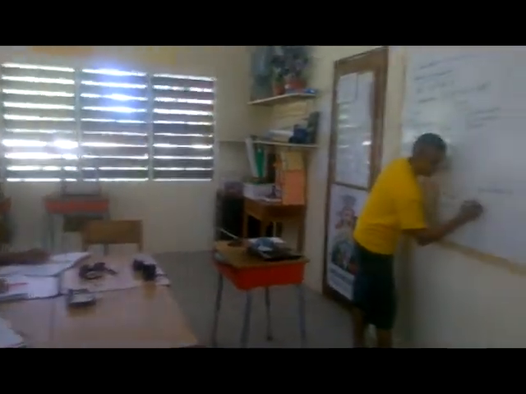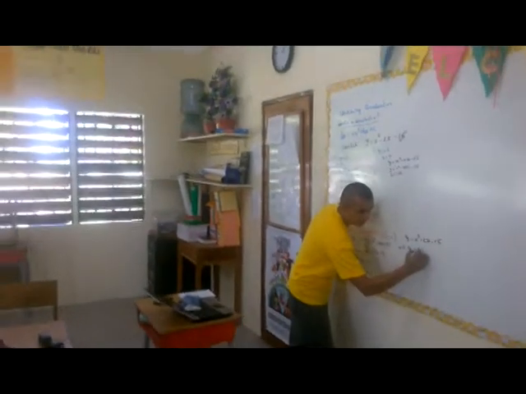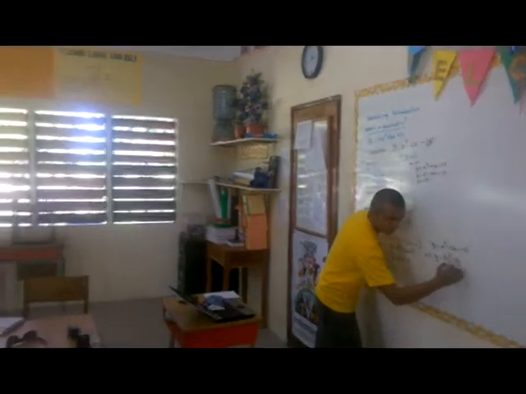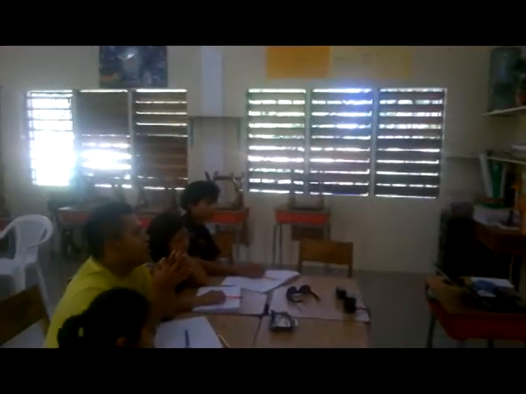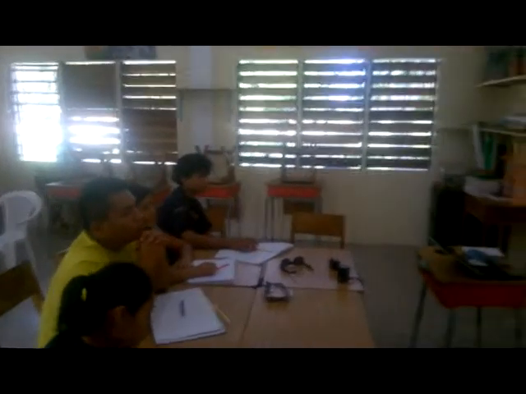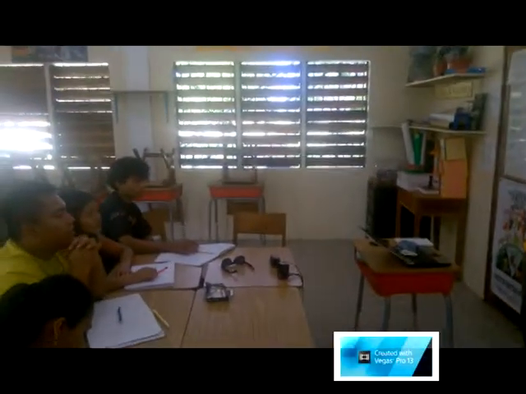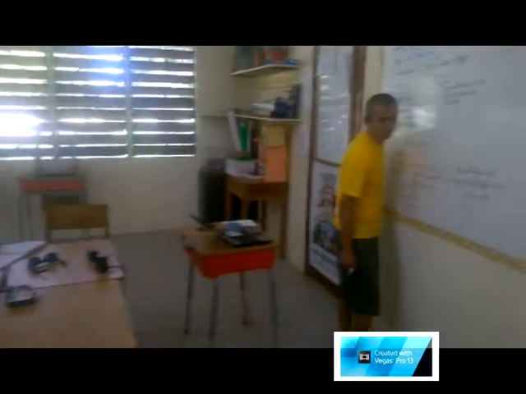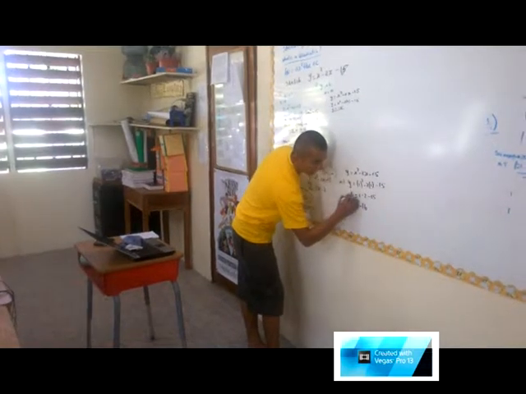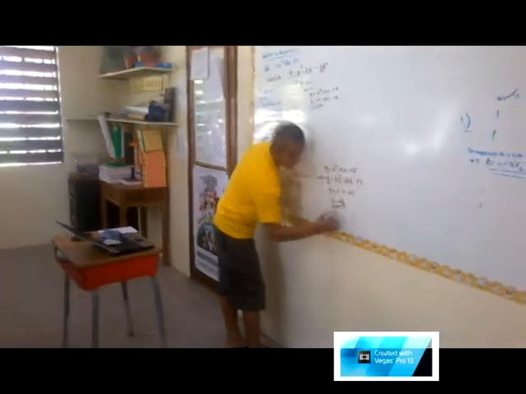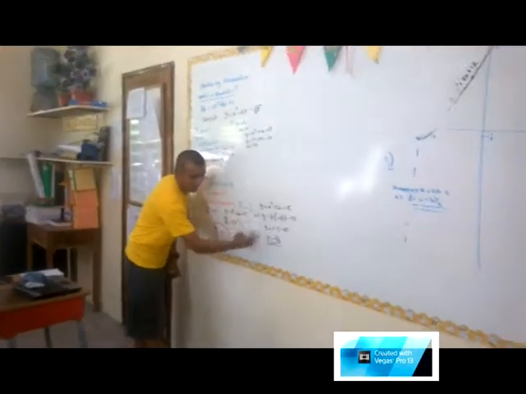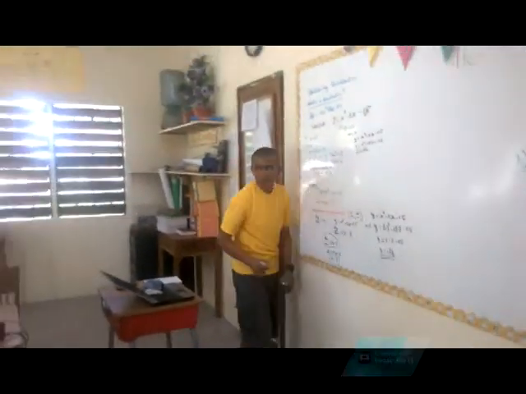Okay, x equals 1, right? y is equal to 1 squared minus 2 times 1 minus 15. 1 minus 2 minus 15 is negative 16. We know that the minimum coordinate is going to be (1, negative 16).